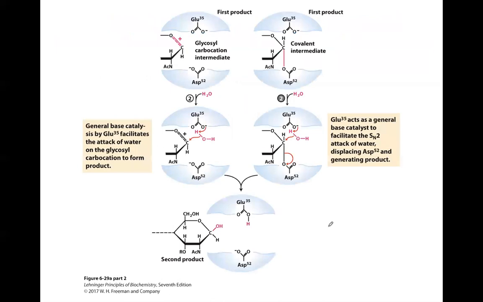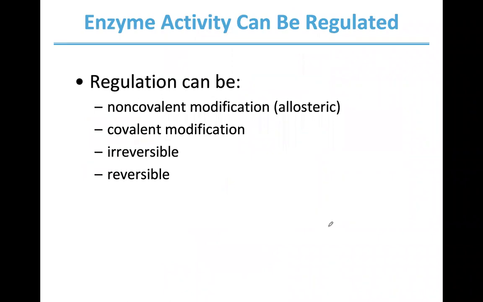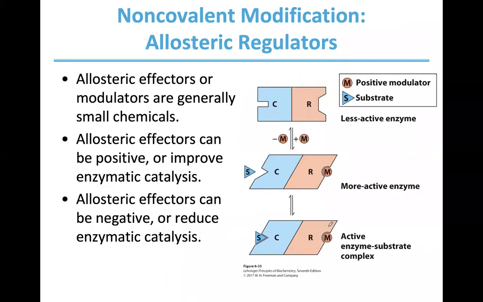All right, so we are out of time. There are a few slides for us to go through, which is enzyme regulation. Now, this is quite descriptive. You will see basically this is the catalytic site, this is the regulatory site, right? So let's say you have a positive modulator, it binds at the regulatory site and it changes the shape of the catalytic site.